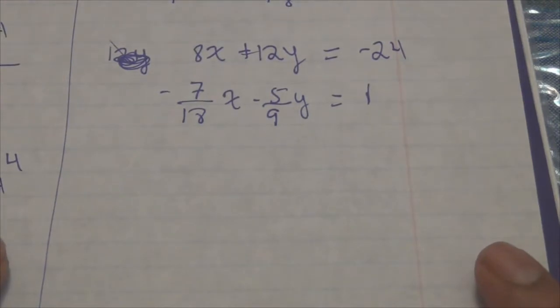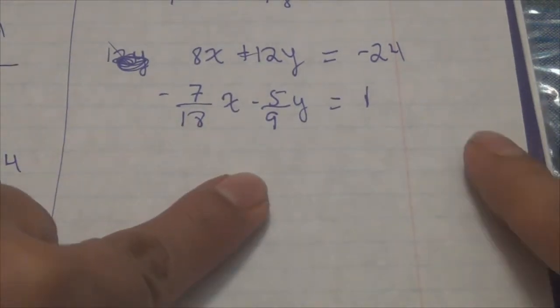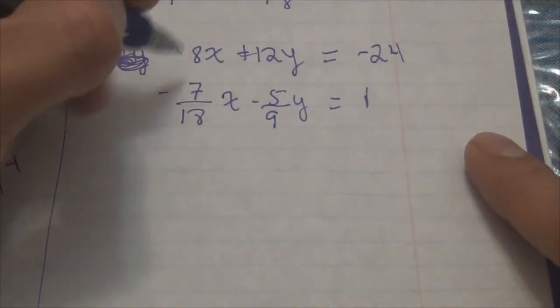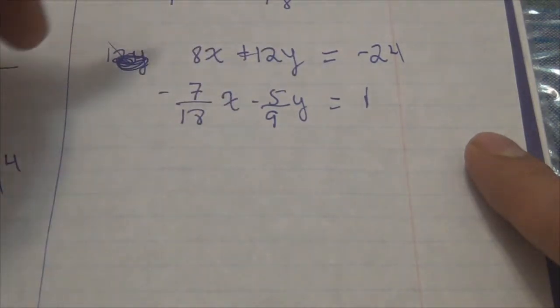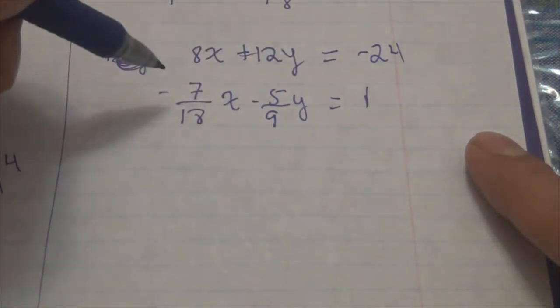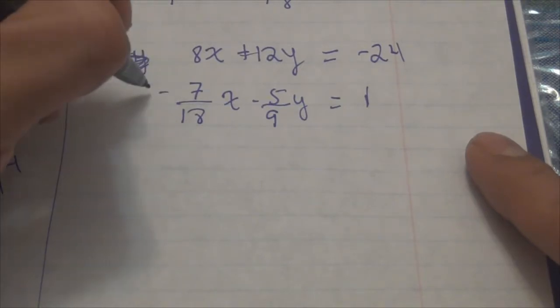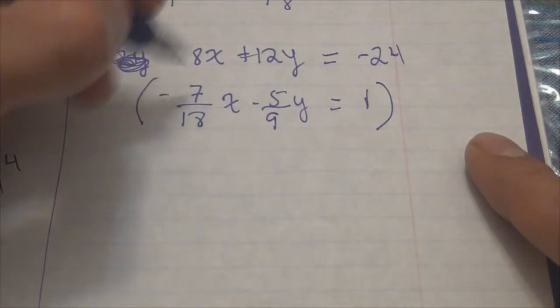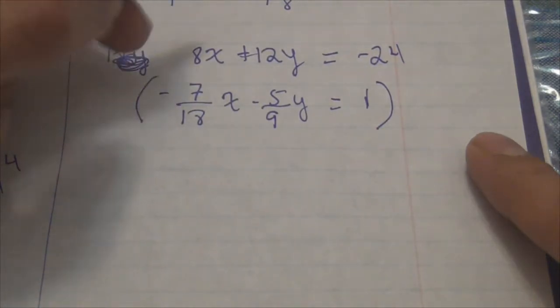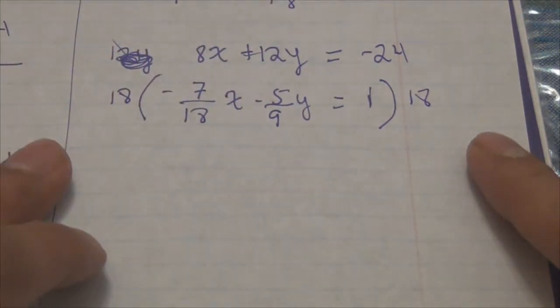Take this equation and let's multiply by a common denominator. The common denominator here is 18. You already know how to do common denominator.